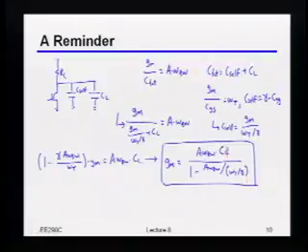So now all I'm saying is that really it's not just gain bandwidth times load cap. It's gain bandwidth times load cap times this 1 over 1 minus x kind of thing, where x is your gain bandwidth normalized to the intrinsic bandwidth of the device. So where do you have to be operating to make this penalty factor cause you to spend double the GM you otherwise would have had to spend?